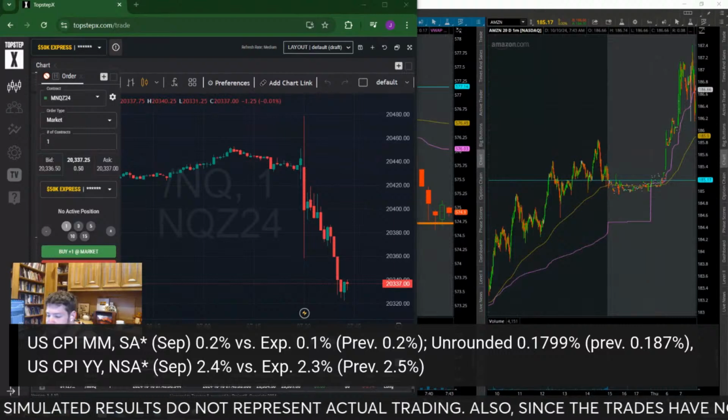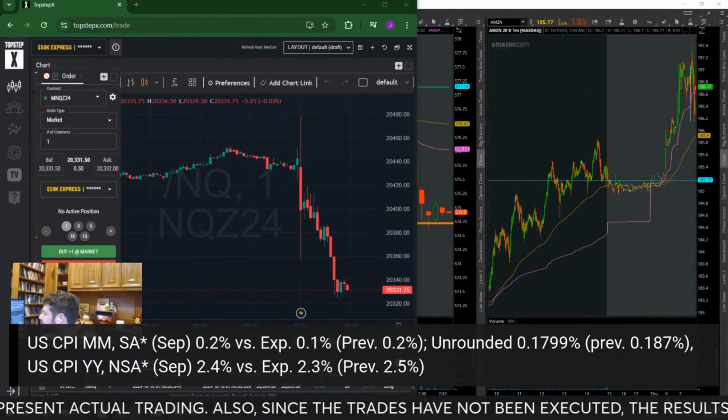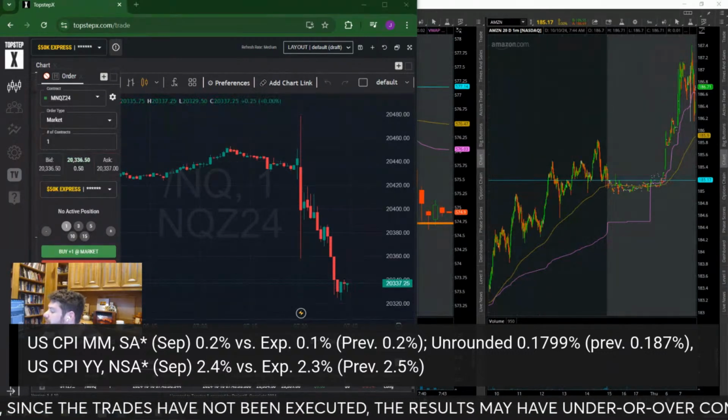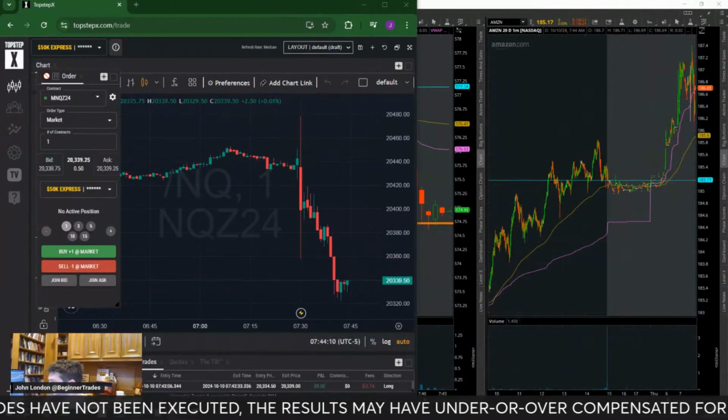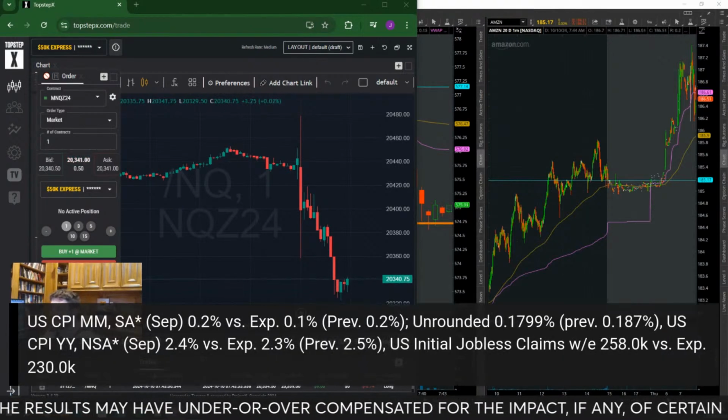Jobless claims showed up higher than expected, at 258,000 versus 230K expected. I'll put that up on screen too. Jobless claims is unemployment filings, how many people are filing for unemployment week to week.